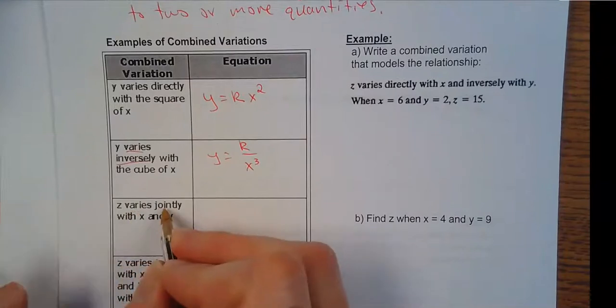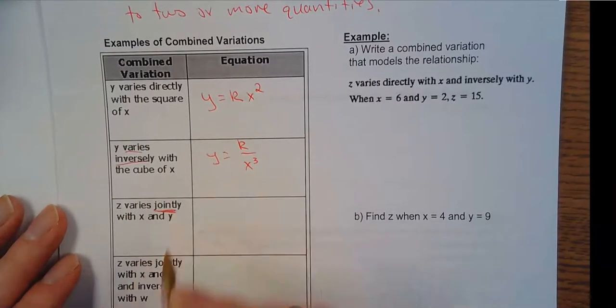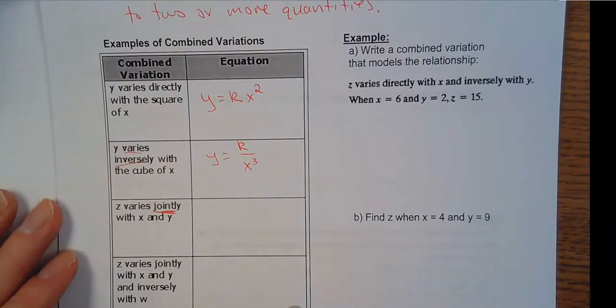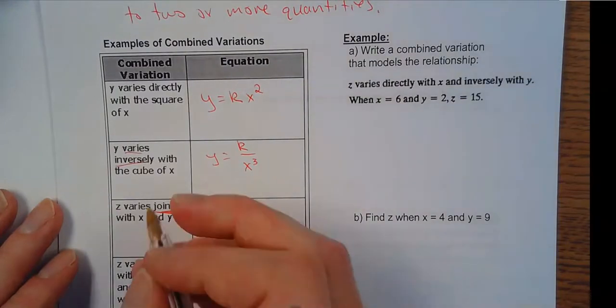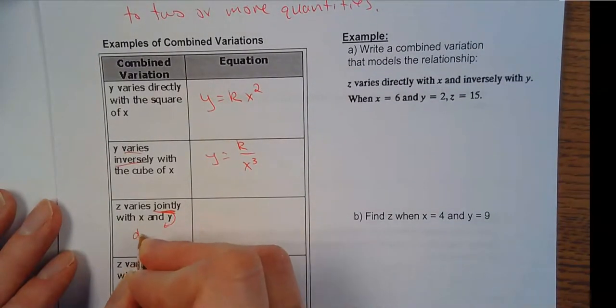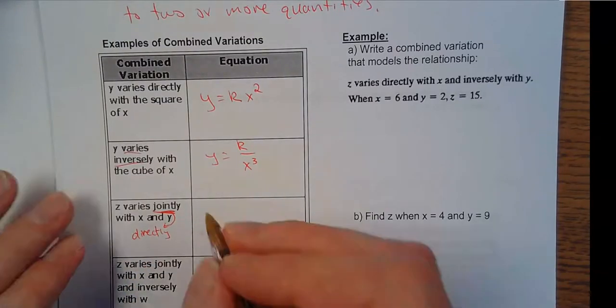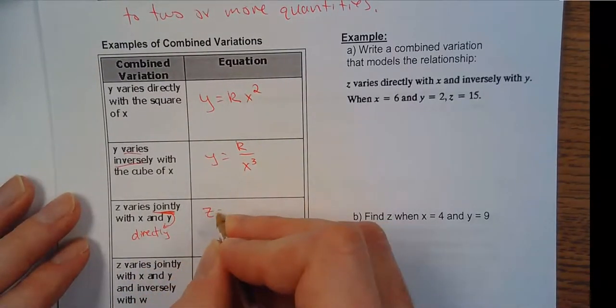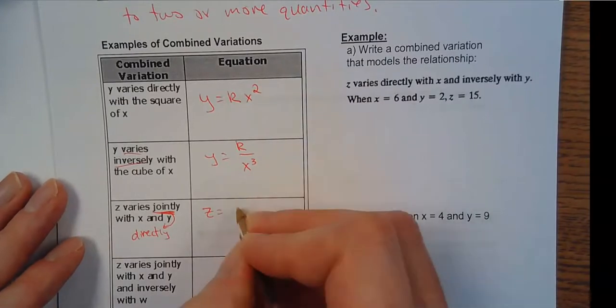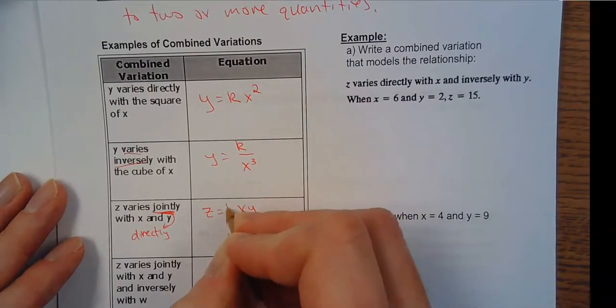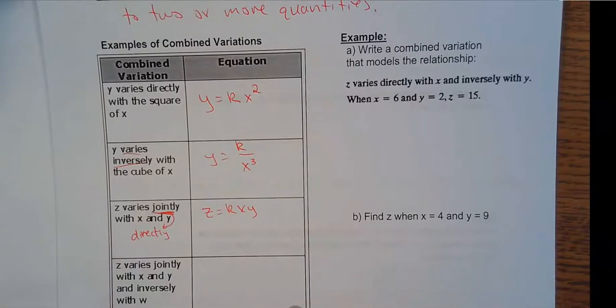When it says varies jointly, jointly is just another word for saying directly but with more than one. So it's the same thing as directly, but it's just more than one quantity. So z varies jointly with the product of x and y, and then there's a k on top with it. So it would be z equals kxy.